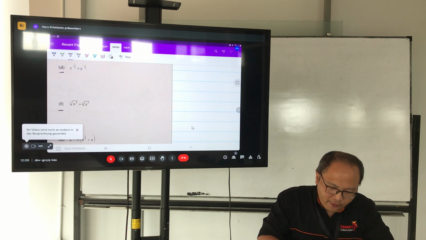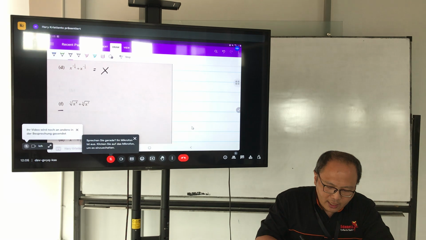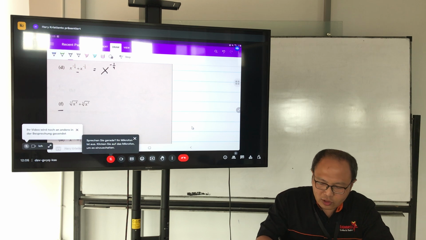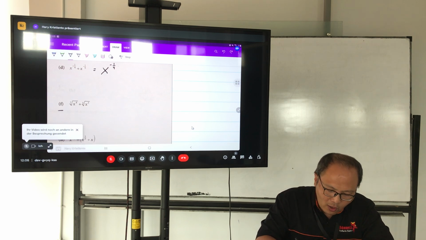You have x to the power of negative 1/4, and division means that you should subtract the power with negative 1/5.